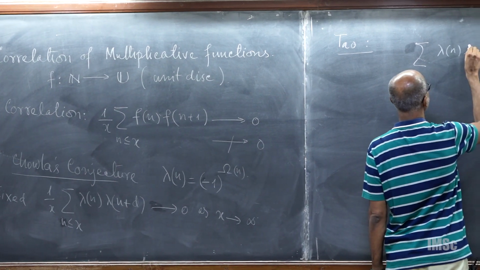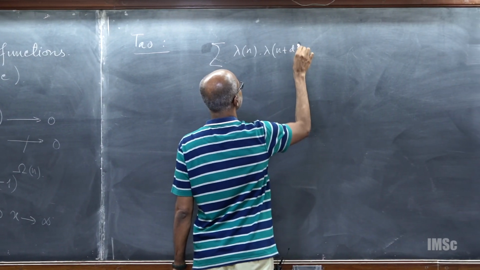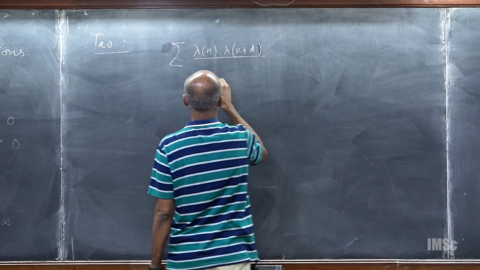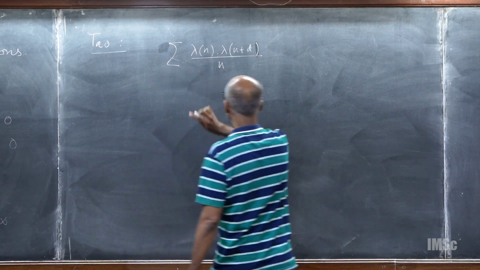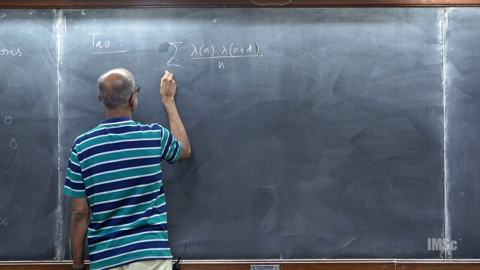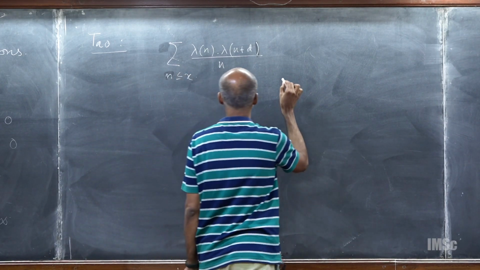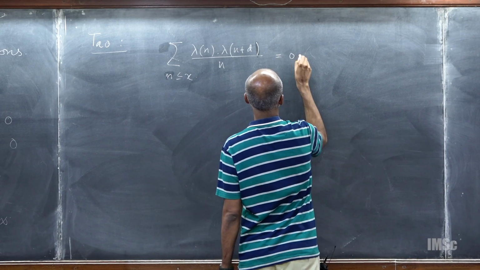Tao's version of this theorem has a normalization by 1 over n, and then of course the question slightly changes. So this is little o of log x.